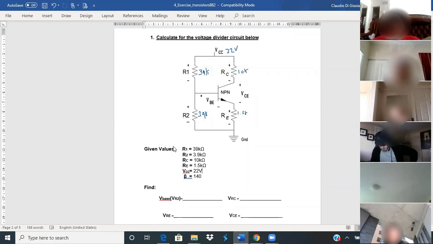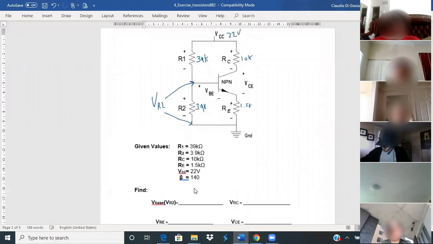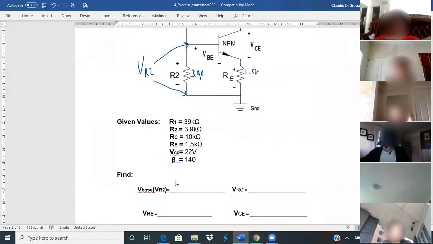And so the first thing we do is find out what the voltage is across VR2, between this point here, which is the base, and the ground. So VR2. The formula for VR2 is VCC multiplied by R2. So it's called a voltage divider.